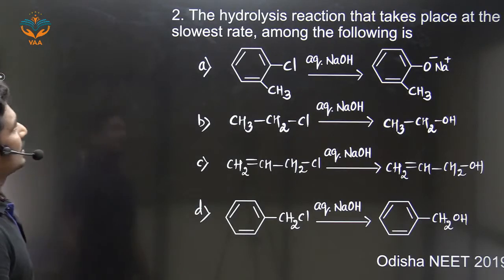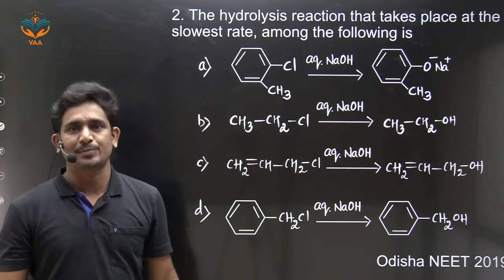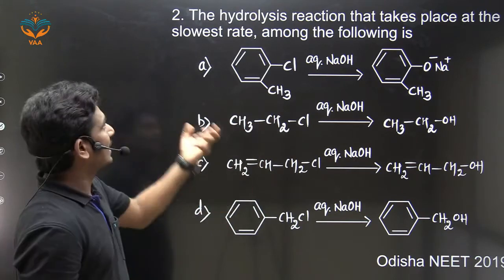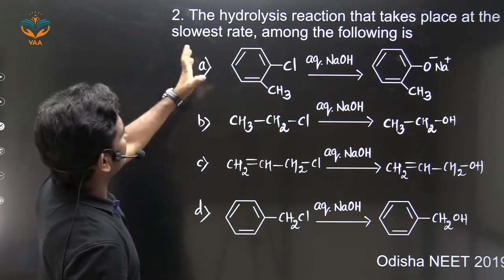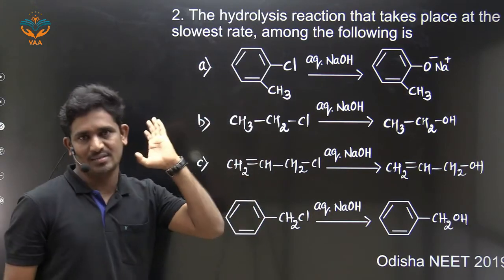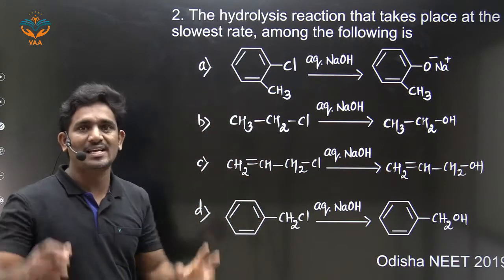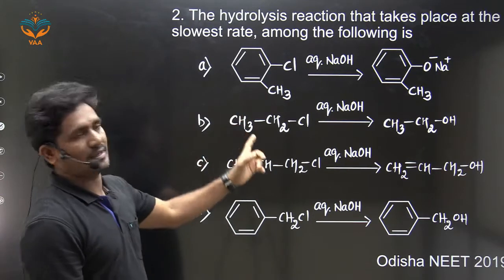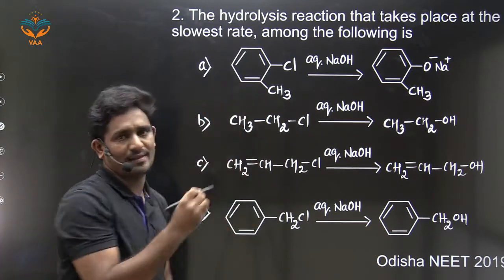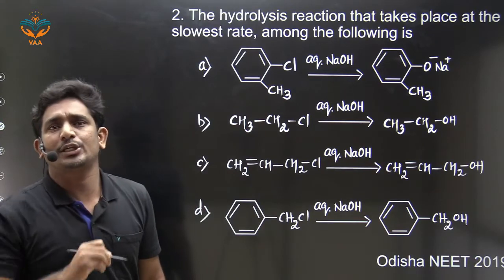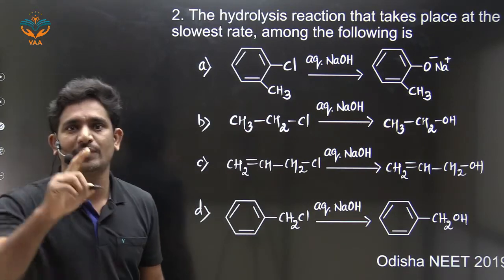The next question is a nucleophilic substitution reaction, asking about the rate of reaction: which of the following reactions is the slowest? If the halogen is connected to an sp2 carbon atom, it is a very bad leaving group.